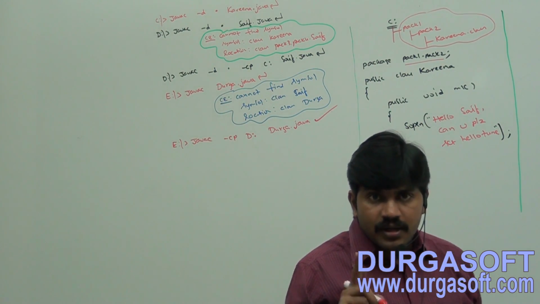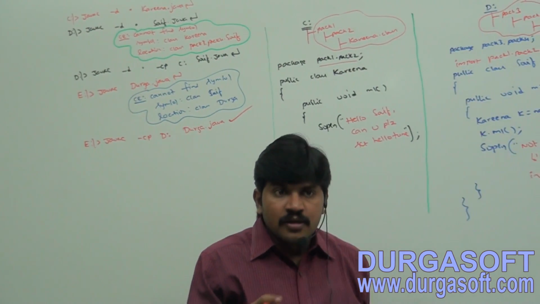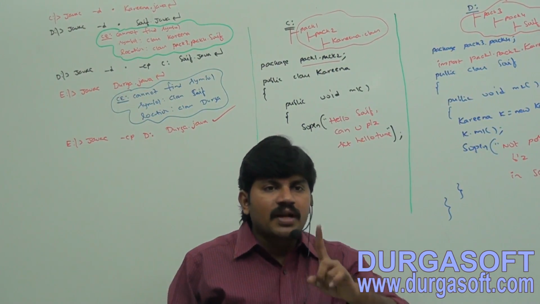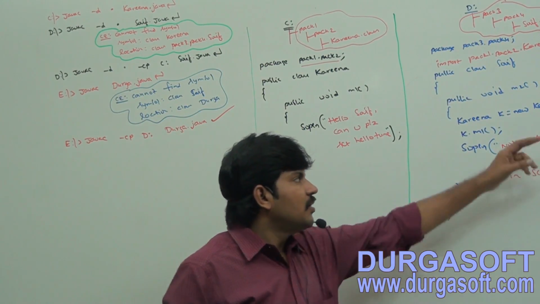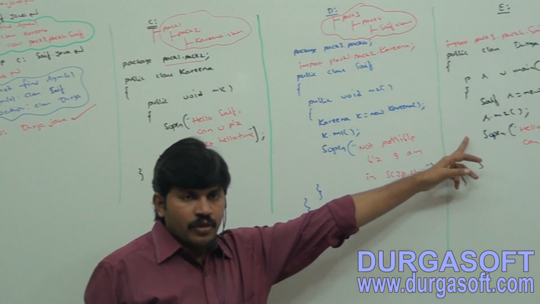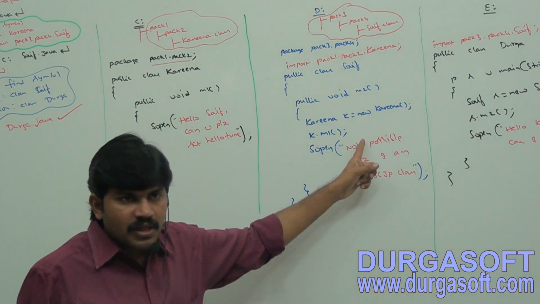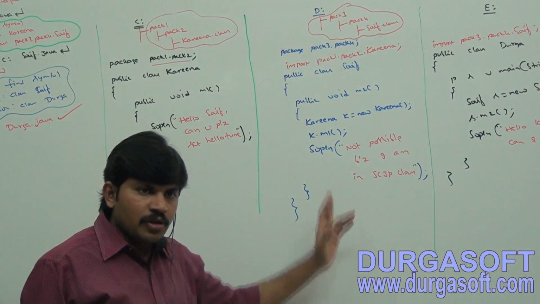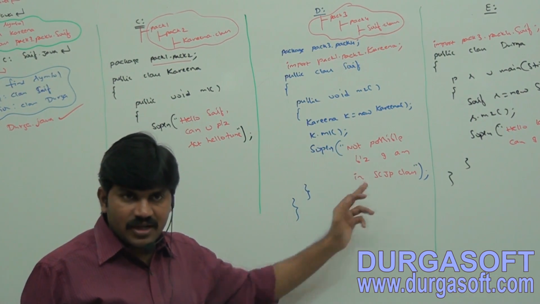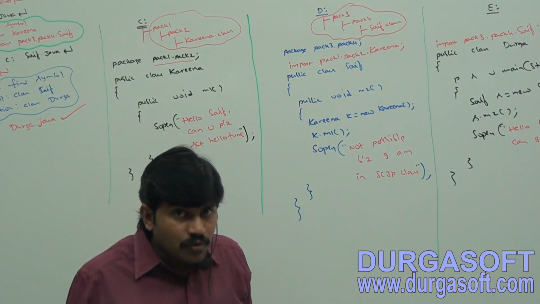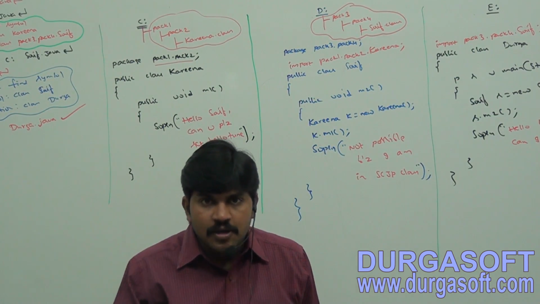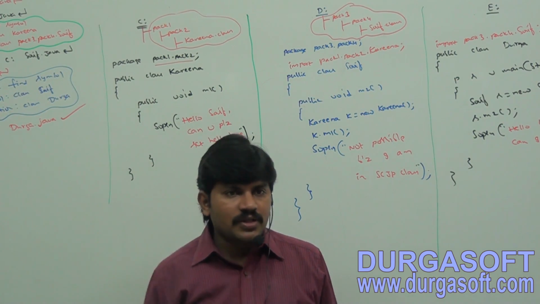Because the compiler checks only one level of dependency. Sir, Durga requires what? Saif. Where Saif is available, you have to specify. If Saif requires something, we already covered that while compiling Saif, where Karina is available. Are you getting it? The compiler is always going to check only one level of dependency, but the JVM will check all levels of dependency.